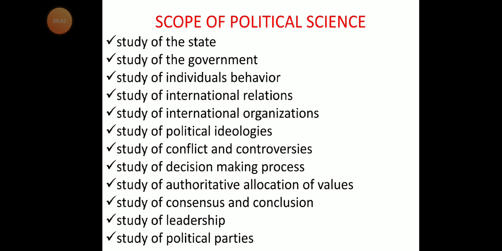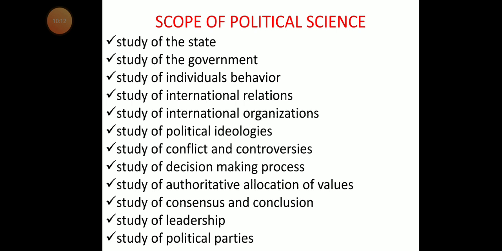Next point is the study of authoritative allocation of values. Authoritative allocation of values means how politics takes decisions, and decisions are made to achieve different purposes. These decisions or policies are enforced by the state, and normally people accept those decisions given by the state.